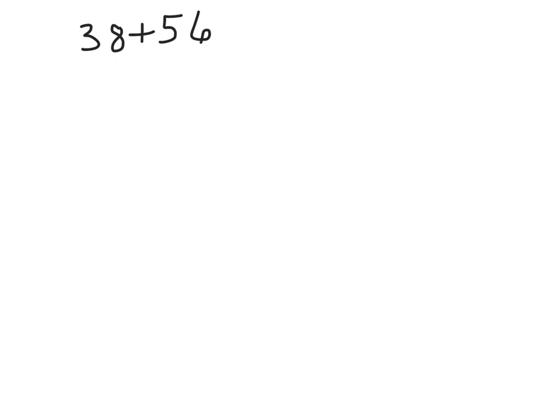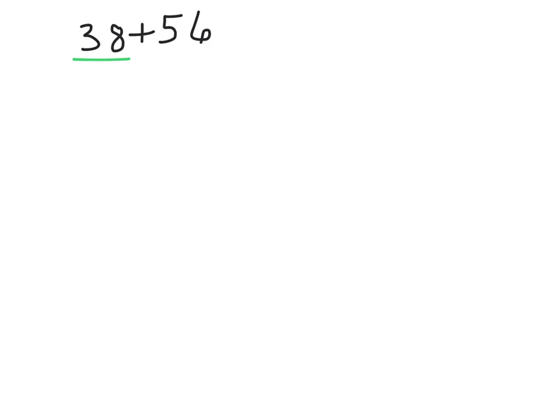So let's look at our first add-in. So our first add-in is 38. Well, a friendly number is a number that is pretty easy for you to add, or a number which you prefer. So a friendly number is usually a tens number.